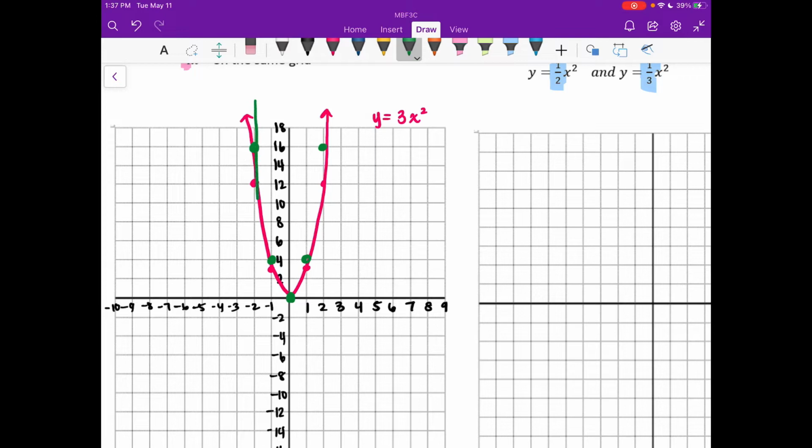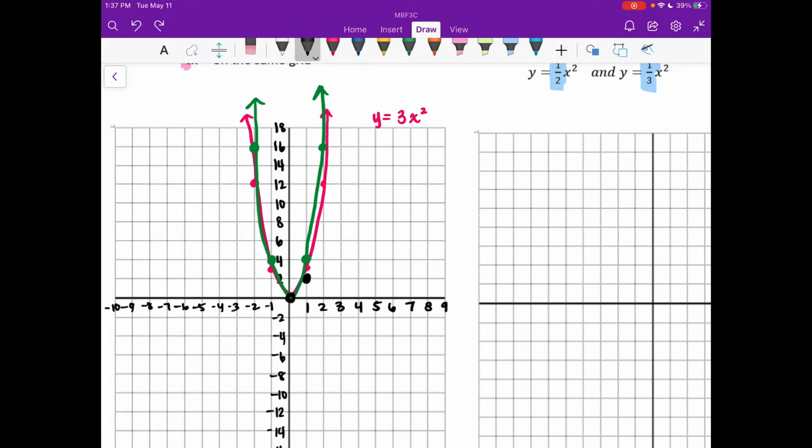So I'm just going to go draw in my parabola here, right? And it's slightly more shrunk. If we compare this to our original parabola, which is just our basic 0, 0, -1 and 1, right? 1 and 1, 1 and 2. Oops, sorry.